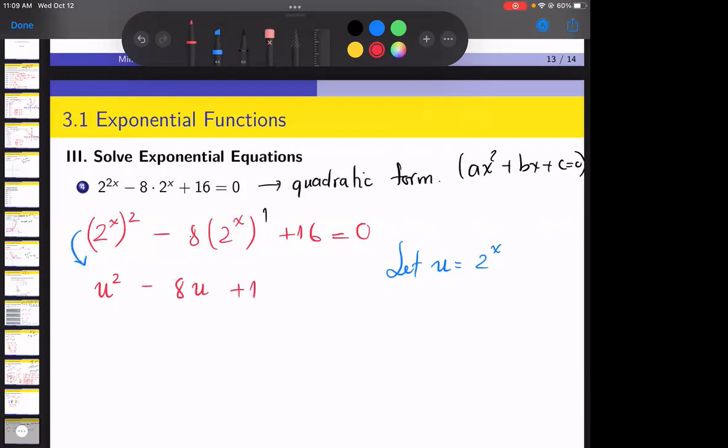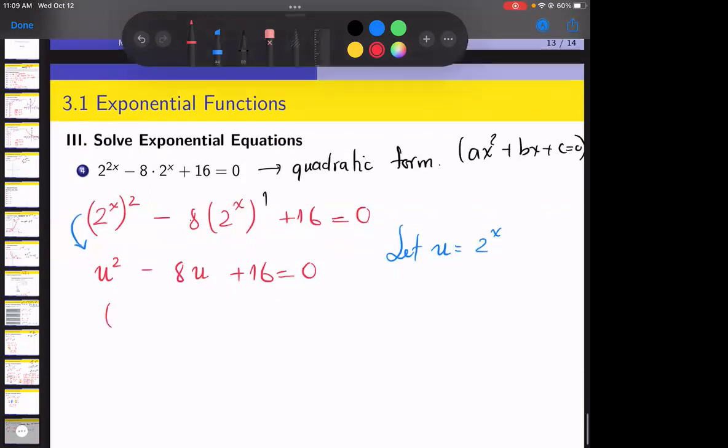Is it quadratic? Yes. And better yet, you can factor it too. Can someone factor it for me? So the u and u. Two numbers that multiply to 16 and add to -8. Yeah, -4, -4, right?